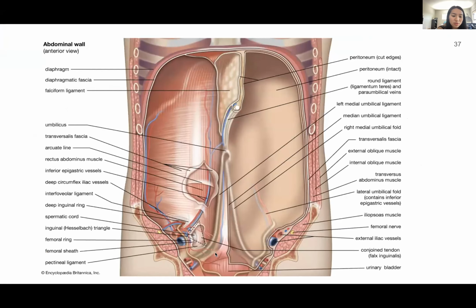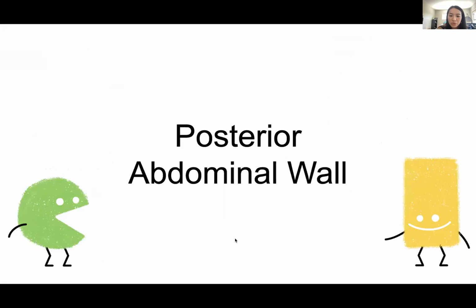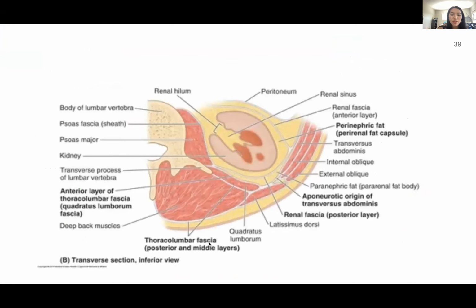So another better view of this. Posterior. I learned this in detail, but it never really came up. I don't remember it. So just learn what these are, and know where the muscles are in the back. We're looking at basically the lumbar region right now, and we've got the kidneys here.